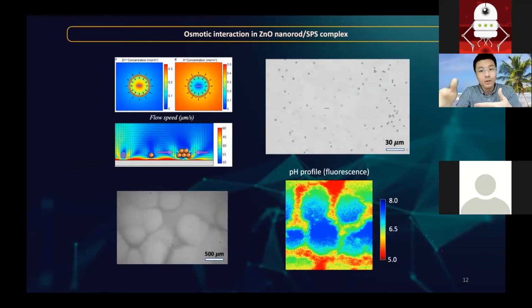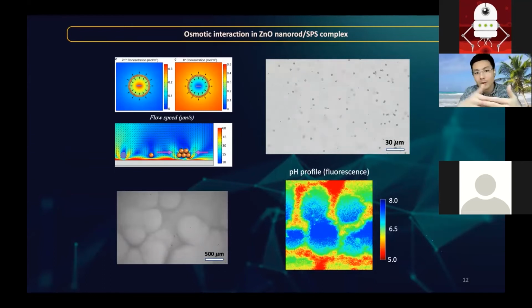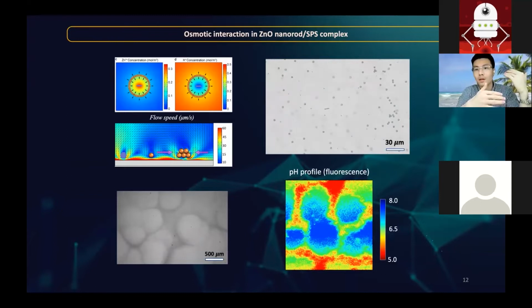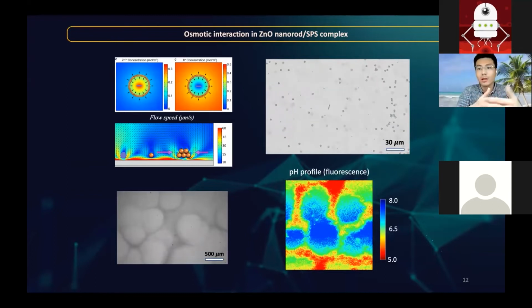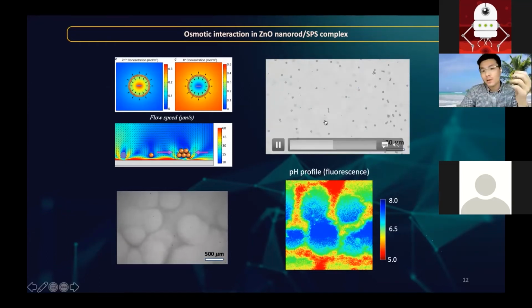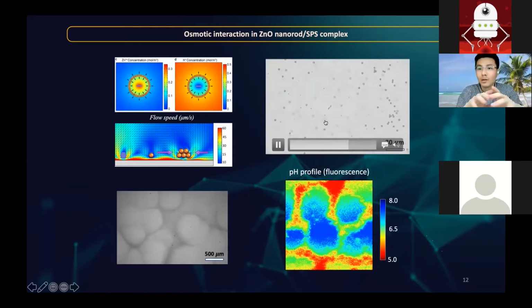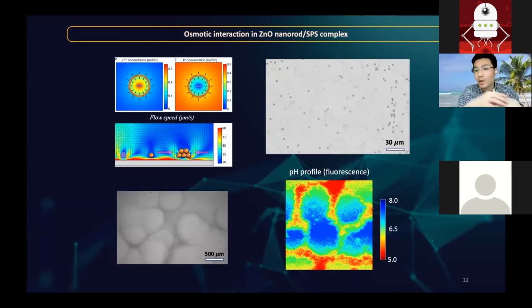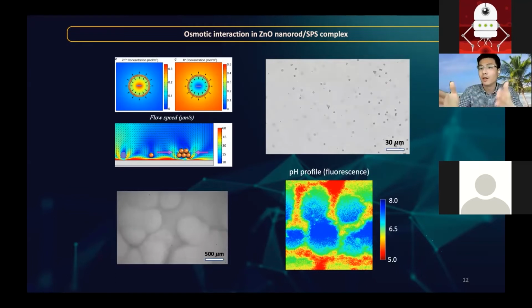During the motion of the zinc oxide rod, it will generate a zinc ion gradient that will induce an outward electroosmotic flow, and during the interaction, the SPS particles will generate an inward attractive osmotic flow. So in this video, we can see that around the zinc oxide rod, particles will be pushed away from the zinc oxide rod, and at a distance away from the rod, those SPS particles can self-assemble with each other.